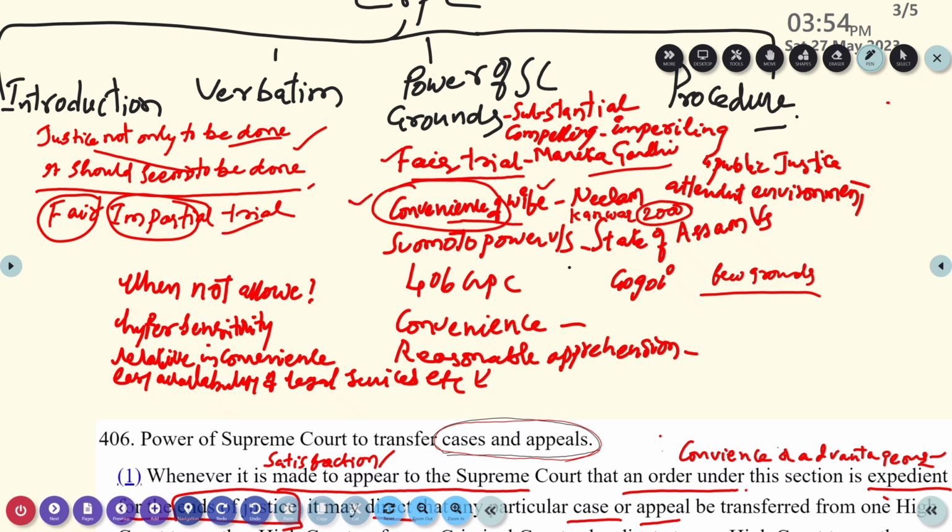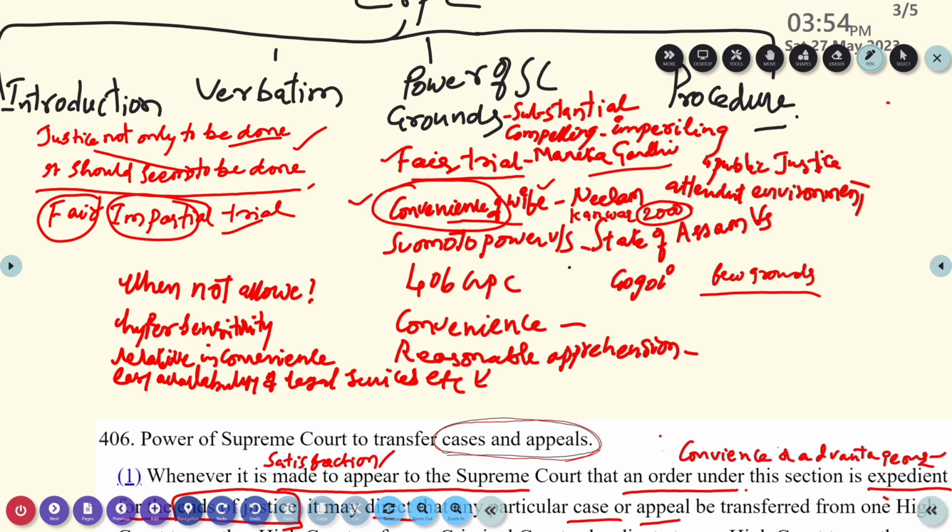This principle is followed by the Supreme Court and all other high courts in the country in all matrimonial disputes. Of course, exceptions are also there when circumstances require otherwise. So, it is a general principle.